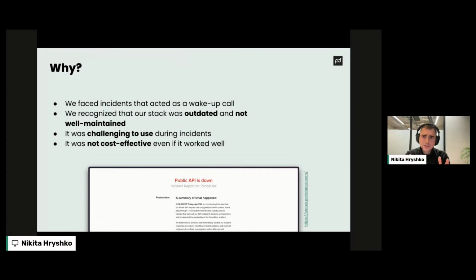Its inefficiency during incidents led to prolonged resolution times, and it proved less than ideal for development, resulting in missed bugs during testing. And to add to all of these challenges, our legacy stack was not really cost effective, especially considering the problems we faced with it.